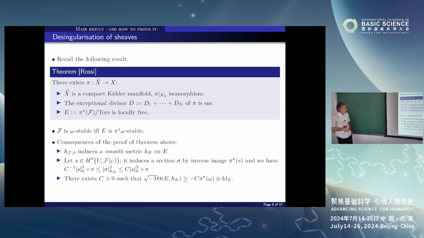As a consequence of that, and the fact that we are taking the so-called quotient metric, we get this handsome lower bound for the curvature of E with respect to this specific metric. Namely, it is bounded below by some negative constant times the inverse image of omega times the identity.